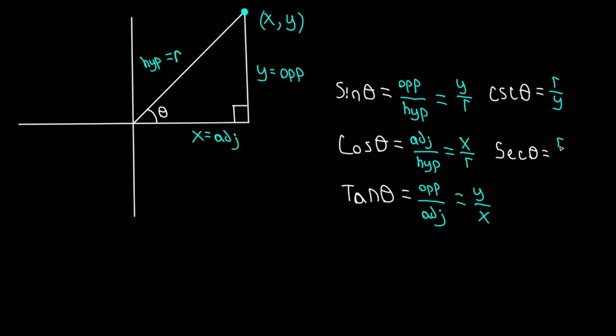It is our r over our x. Now cotangent of theta would be the opposite of tangent. So it would be our adjacent over our opposite, or you could just say our x over our y.